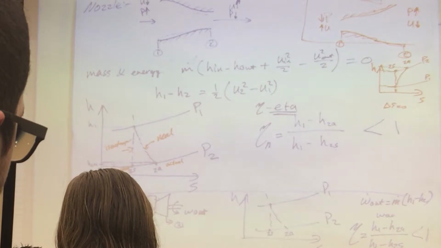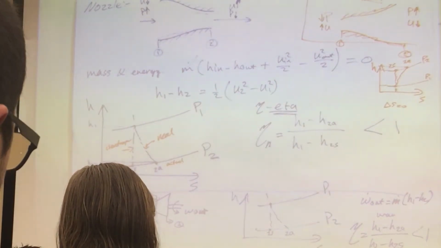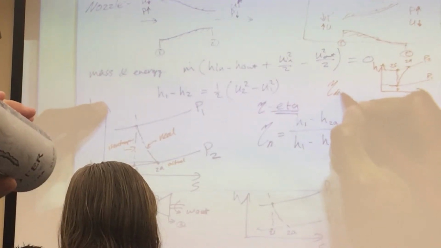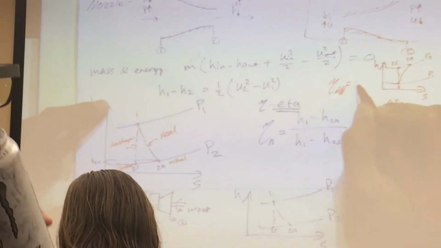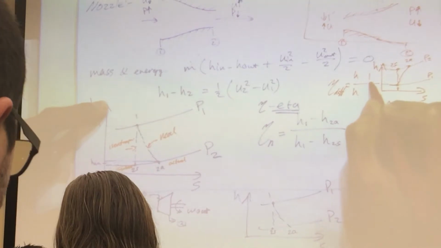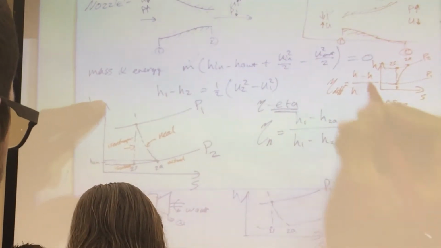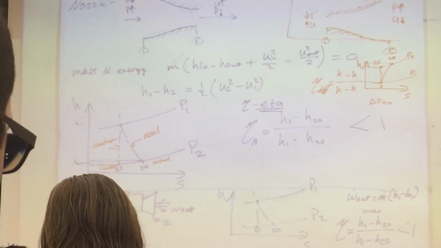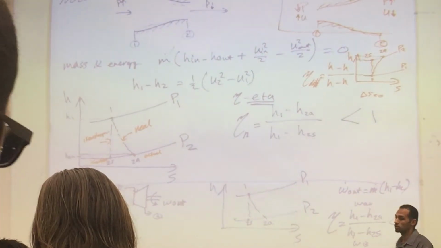High. So your efficiency for your diffuser, as for your nozzle, is equal to what? Enthalpy, enthalpy, enthalpy, enthalpy. Minus, what are the subscripts? Is it isentropic versus actual, actual versus isentropic?